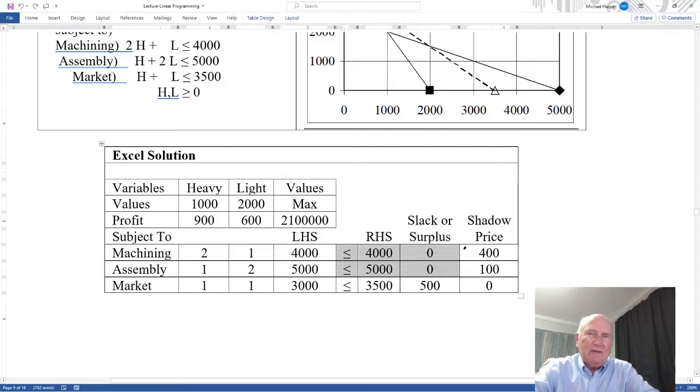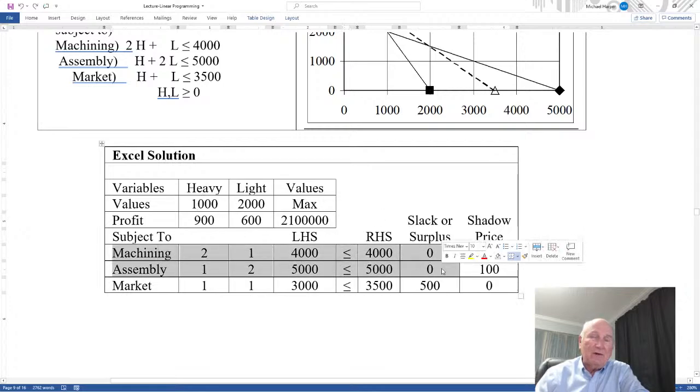And if you tell that to a client, the response I would get back is, huh? Do what? How would you interpret that? You don't say it's binding. You say, well, if you make 1,000 heavy and 2,000 light, your machining and assembly departments are 100% utilized. There's absolutely no hours remaining in those departments.